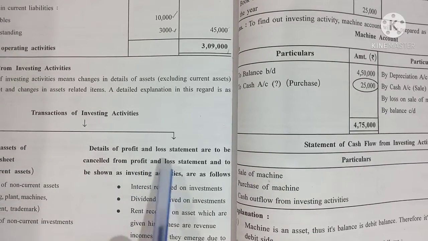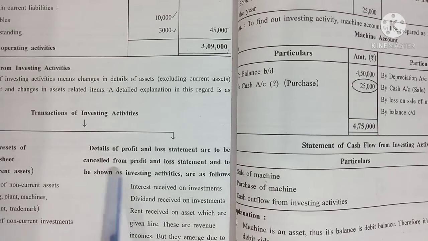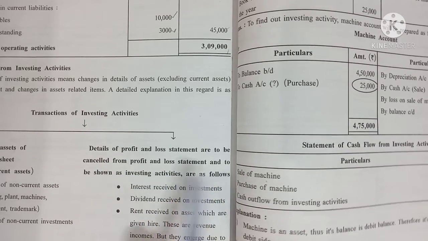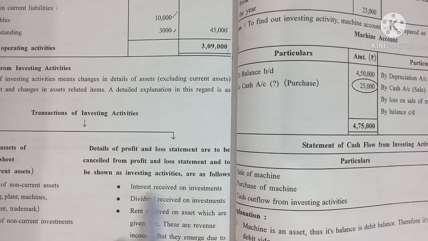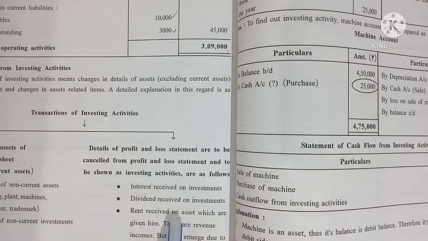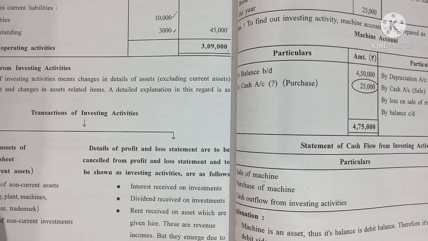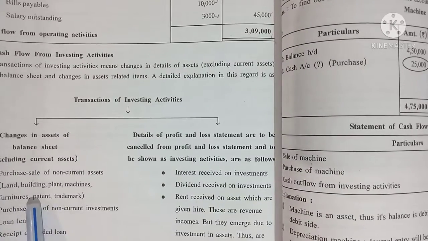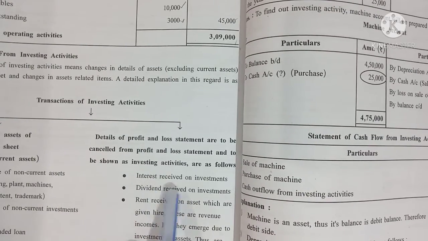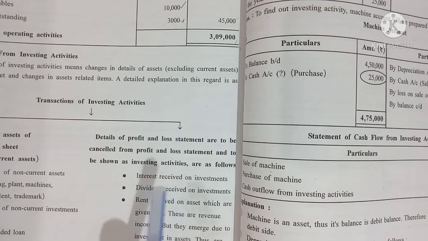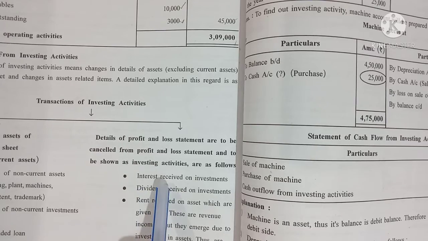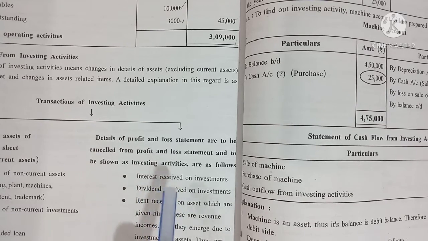And details of the profit and loss statement are to be cancelled from the profit and loss statement and shown in investment activities. In the profit and loss account statement, these items were adjusted with operating activity, but these are things related to the asset side, like interest received on investment. Interest received on investment, you wrote on the profit and loss account credit side to know the net profit, but interest received on investment is not an operating activity.